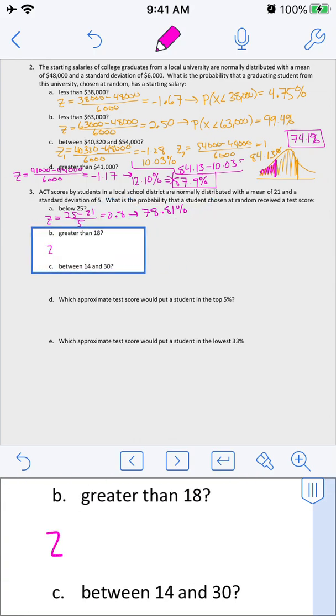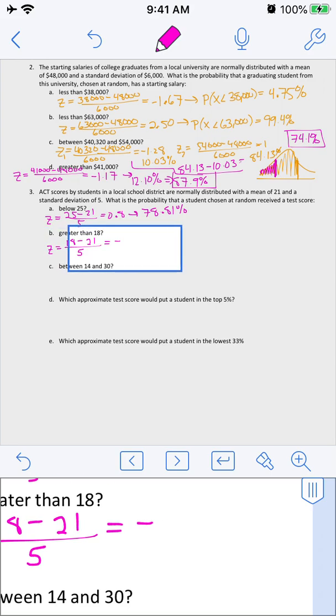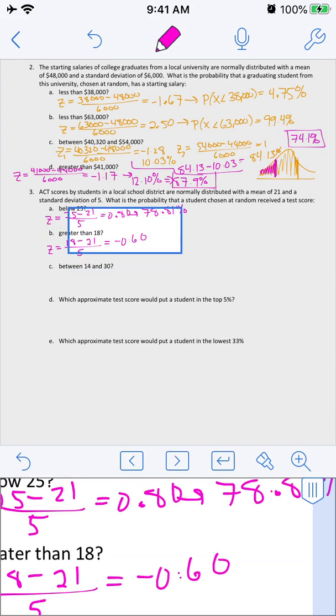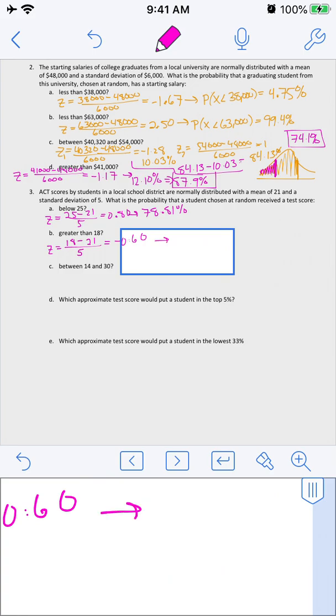See a z-score for that. 18 minus 21. It's going to be a negative z-score because it's lower than the mean. Negative 0.60. I really should have put a 0 on that. That transfers to a probability of 72.57%.